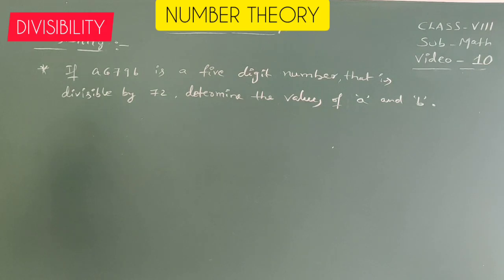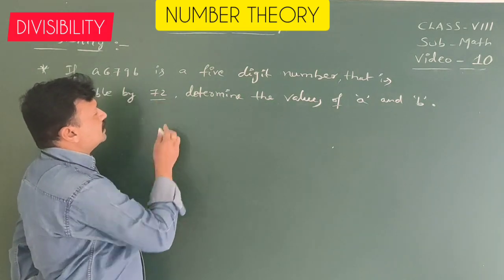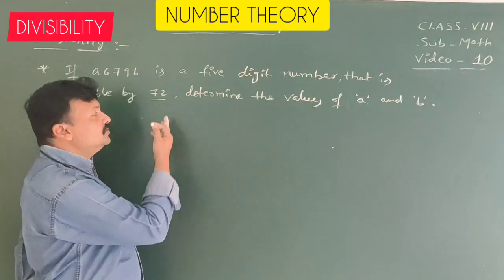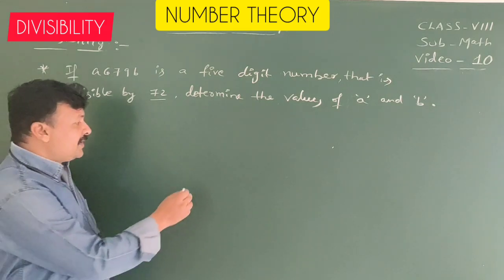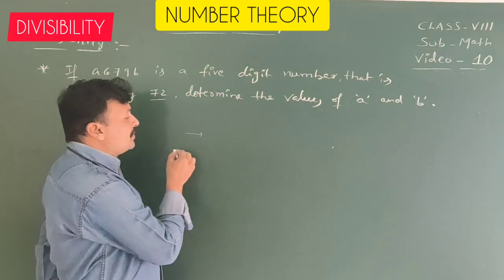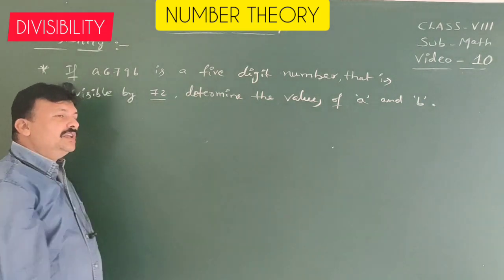For finding the values of A and B, first of all, we want the divisibility rule for 72. What is the divisibility rule for 72? Now, it is only explained with the help of co-primes. Already we discussed primes.